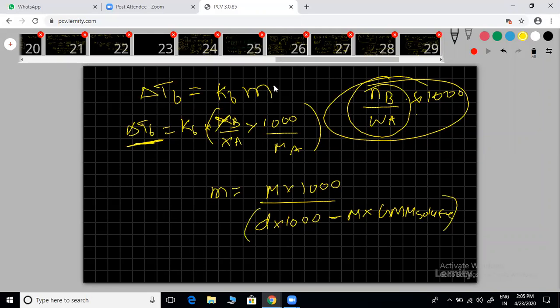In place of m, I can use this complete formula. Be ready to solve this type of questions also. If they want to give you little bit difficult questions, they may include all these interrelations. So delta TB equals KB into m into 1000 by density into 1000 minus m into gram molar mass of solute.